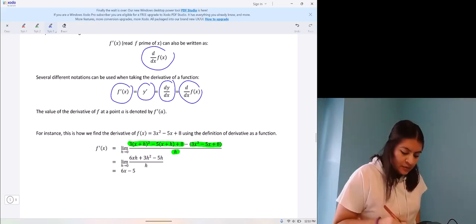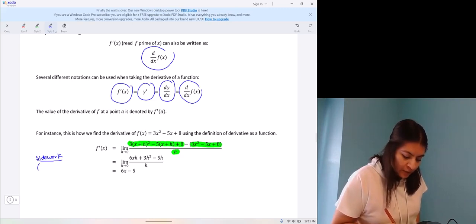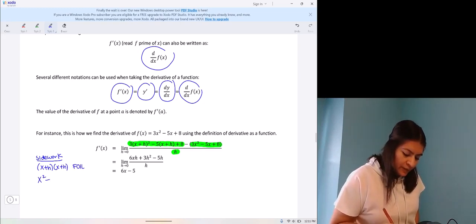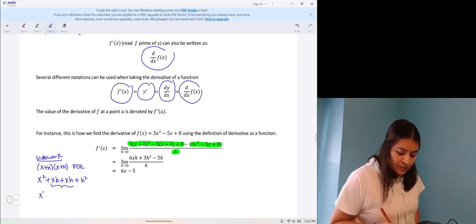Some things that we need to do on the side work is FOIL. X plus h squared means x plus h times x plus h. And so when we FOIL, we get x squared plus xh plus xh plus h squared. Combine like terms, so this here becomes plus 2xh plus h squared.